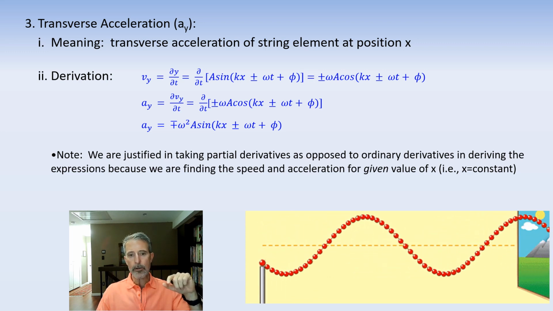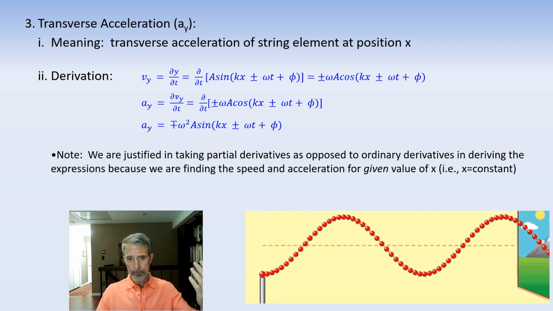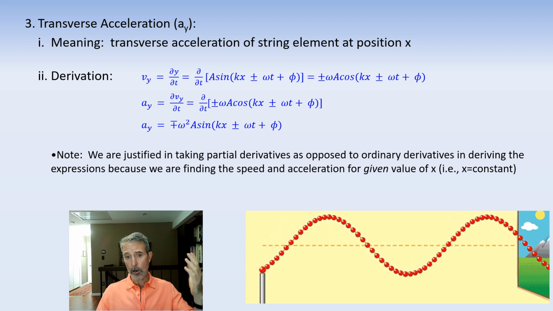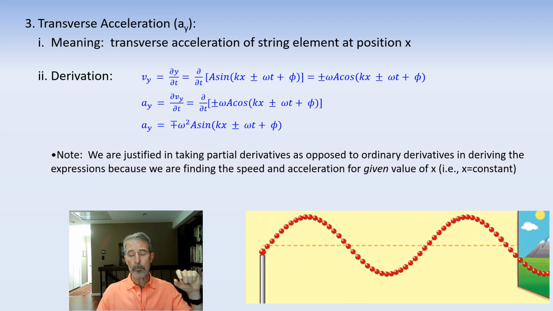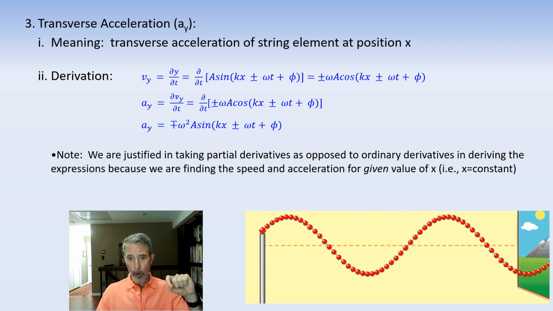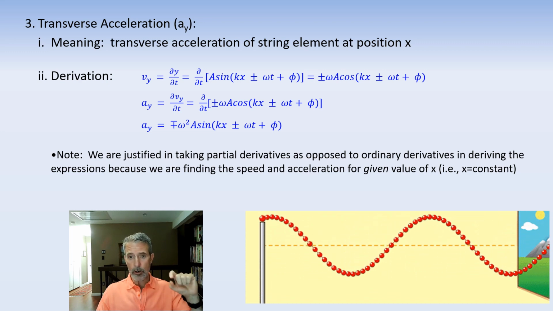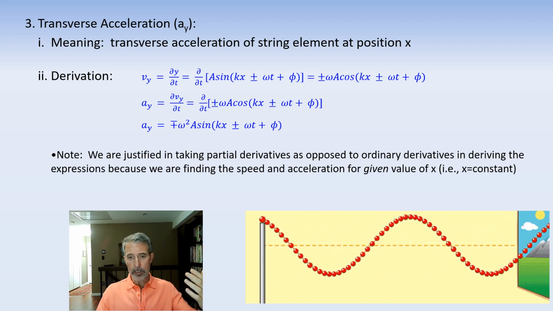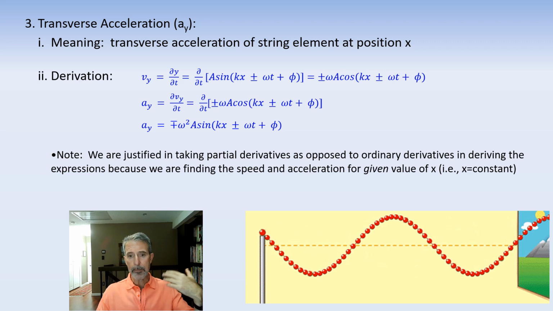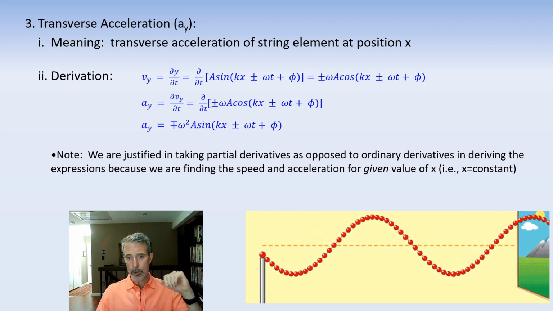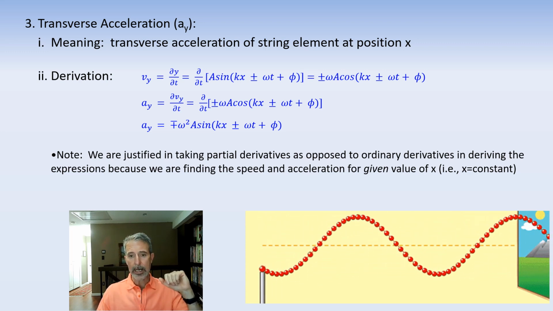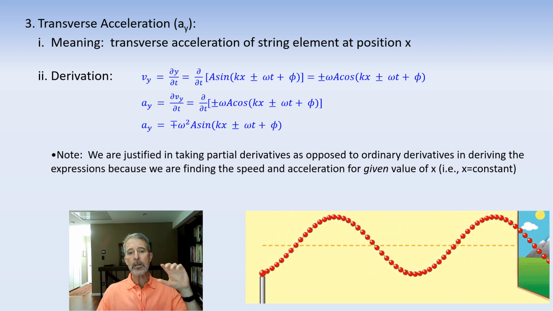So you see here that by differentiating our expression for the transverse particle speed, which is expressed as a cosine function, once more with respect to time, the cosine function becomes a sine function, of course, multiplied by the constant omega.